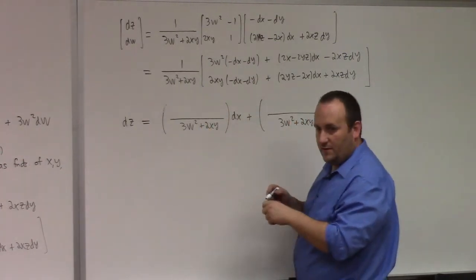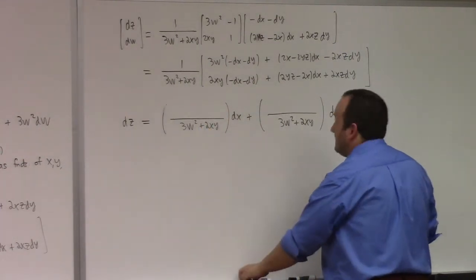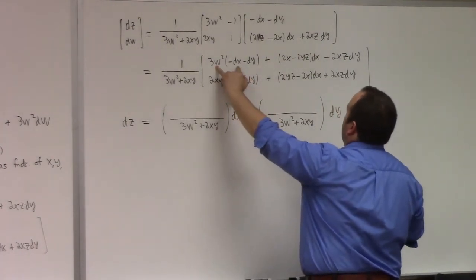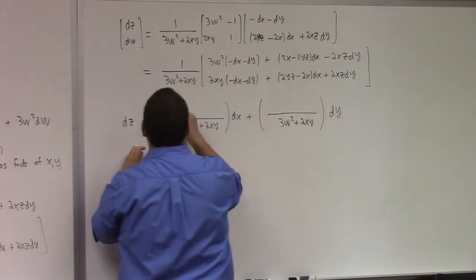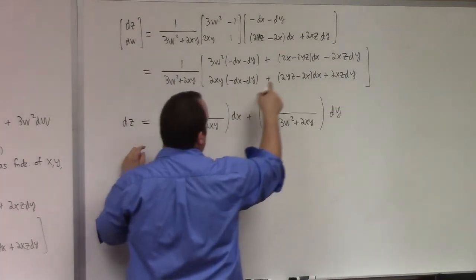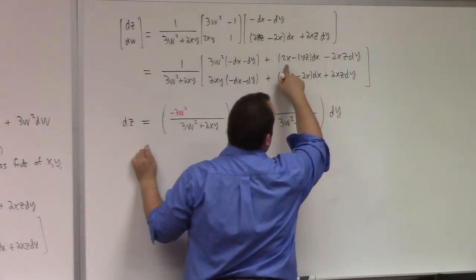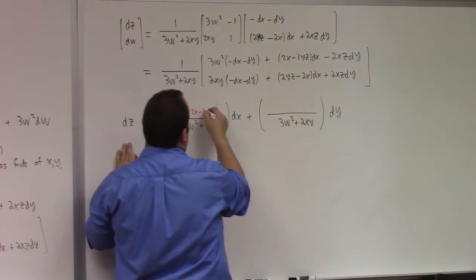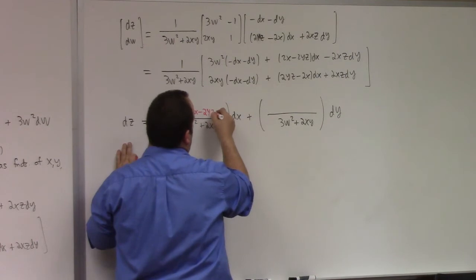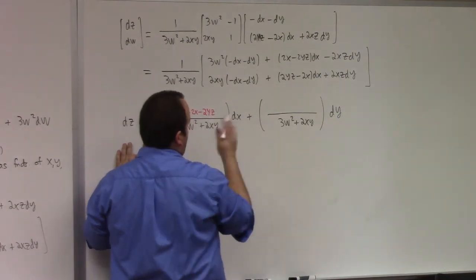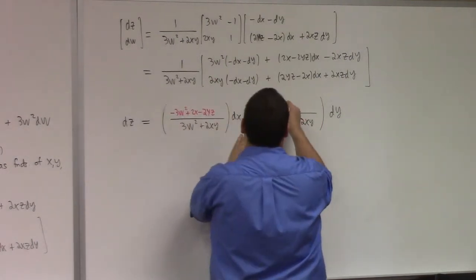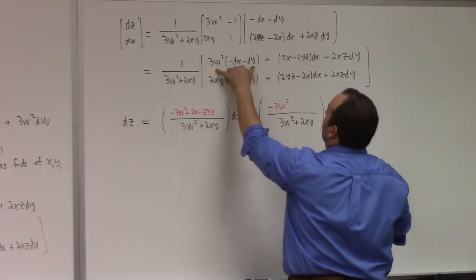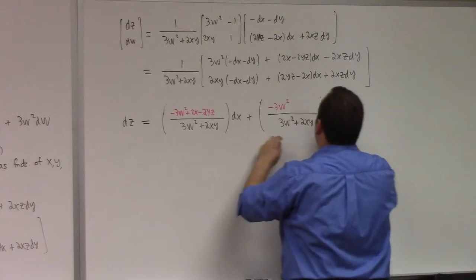Well, we can figure it out, right? We got a minus 3w squared, oh yeah, plus 2x minus 2yz. Anything else? That's it. So over here we got a minus 3w squared from that, from the dy, right? And then what else do we have? Minus 2xz.